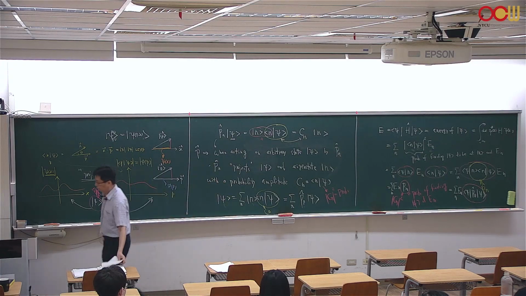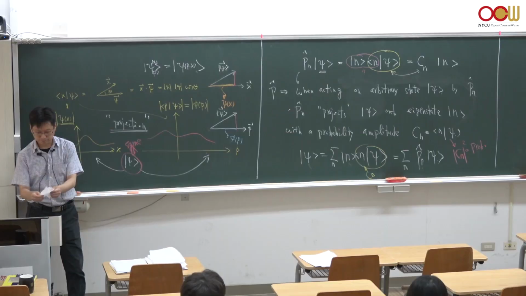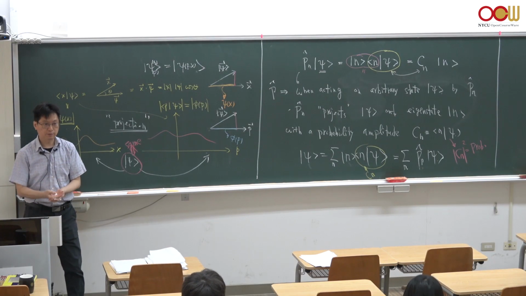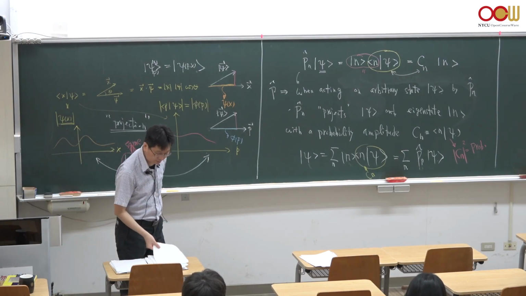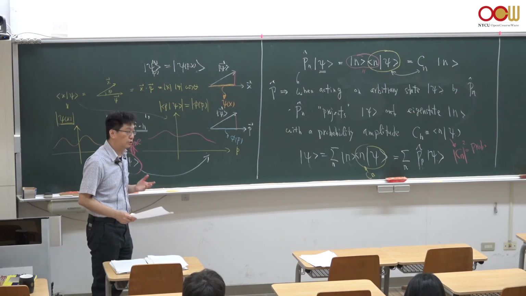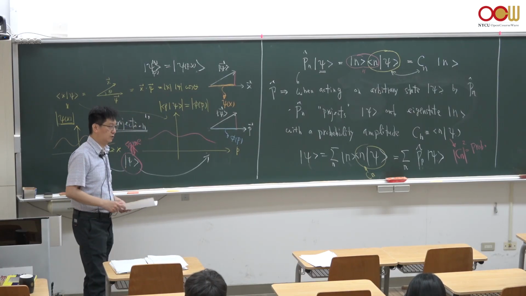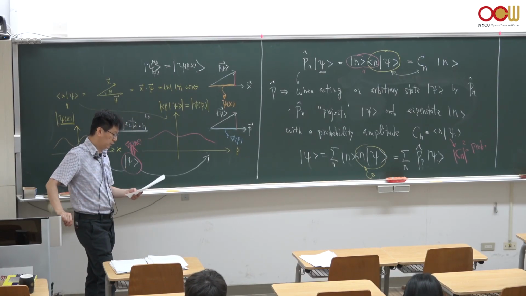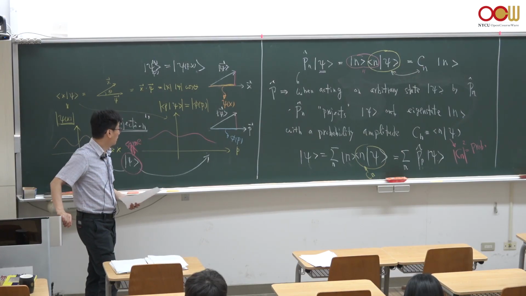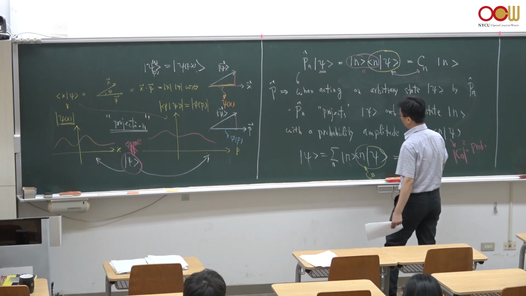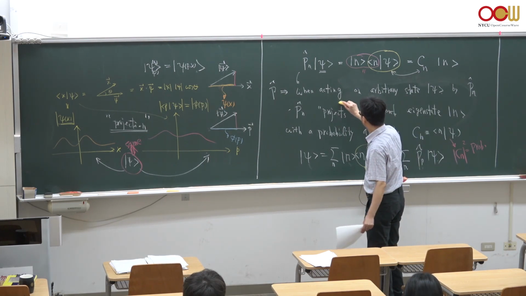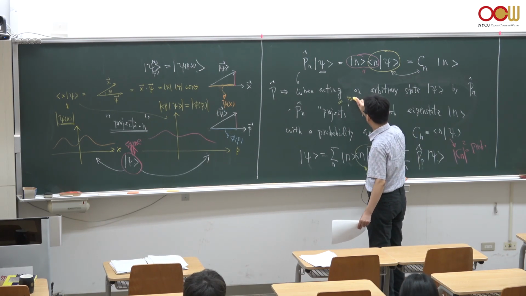Okay, so in other words, we could understand this expansion theorem in terms of the projection operator. You could project any arbitrary quantum state onto a particular eigenstate with some probability amplitude. And so you could really consider this projection the same thing as taking the measurement.